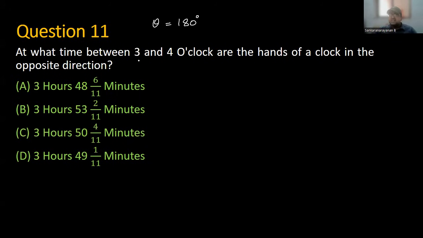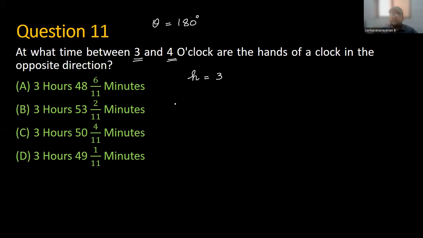The time under consideration is between 3 o'clock and 4 o'clock. So please note the h you have to consider here will be equal to 3, because it's happening between 3 o'clock and 4 o'clock. So it may be something like 3:40 or 3:45. So h should be equal to 3 in this case.